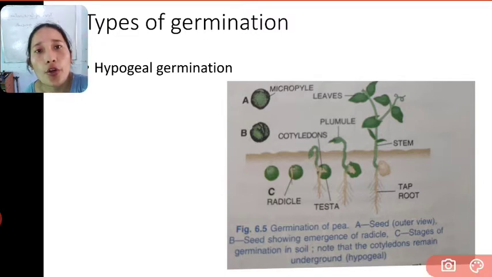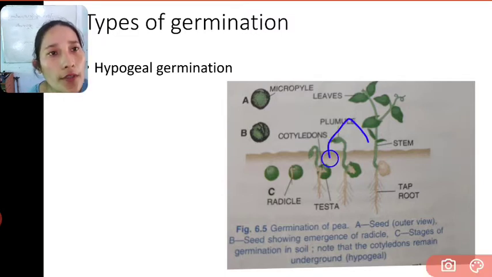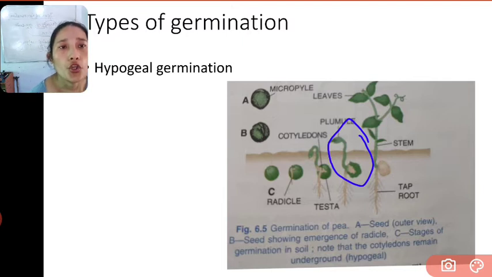Now look at this diagram properly. You can see the plumule has elongated and arched itself outside the ground, right? The plumule has not yet separated itself from the first leaf, in order to protect the young shoot that comes after it, so that it does not get disrupted when it is moving out of the soil.